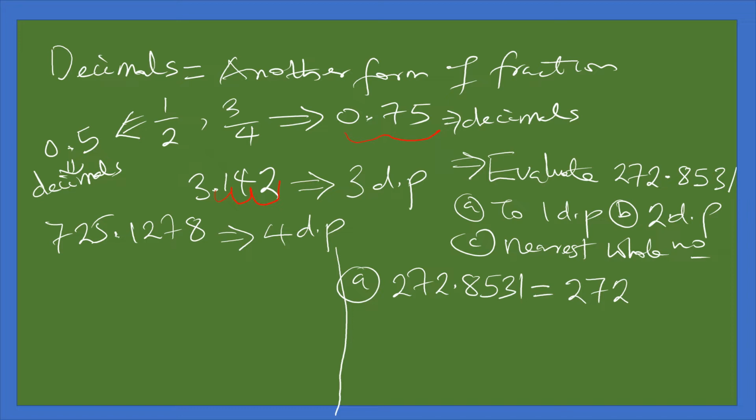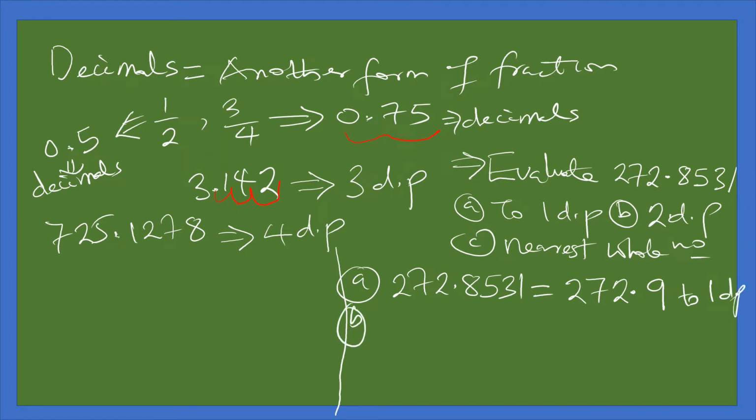Because this 5 here is up to 5, or if it is greater than 5, so in this case, it's up to 5. So we discard every other thing after the number and we increase the previous number by 1. That means the 8 now becomes 9. So to one decimal place, 272.8531 is equal to 272.9 to one decimal place.